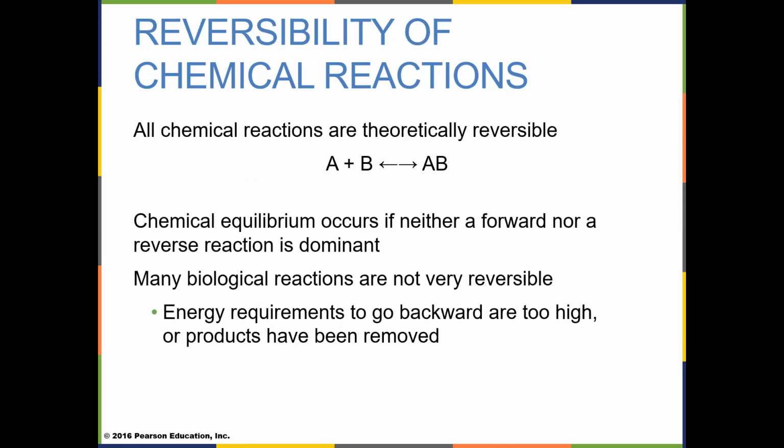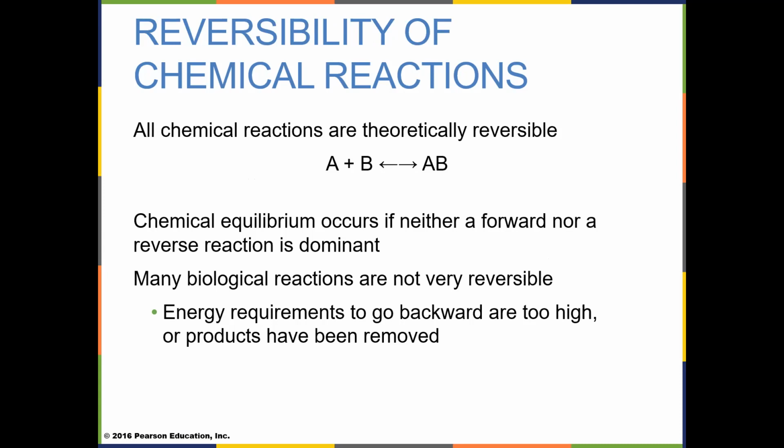Now, a chemist will tell you that chemical reactions are reversible, and they probably are, but not in the human body, because in biological reactions, as soon as we make a product from a reaction, we use it up, so we don't have anything to go back to.